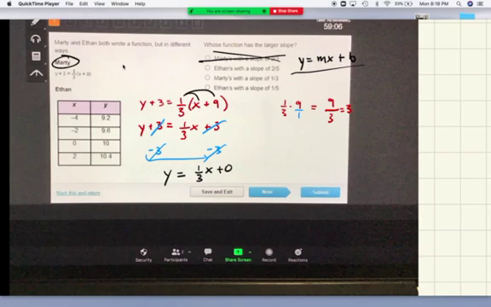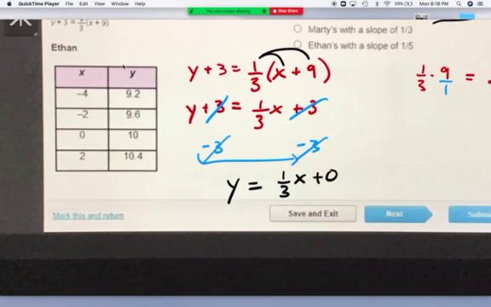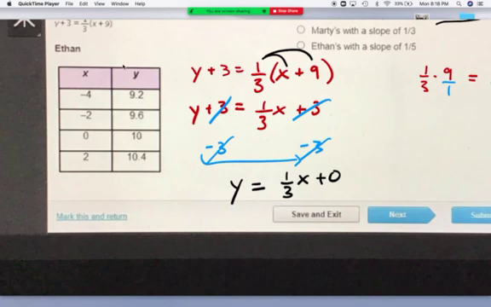The 9.2 and the 10.4. And you just label them. So let's say I would label this x1 and this x2. That means this is the first y value, so this would be y1 and y2.